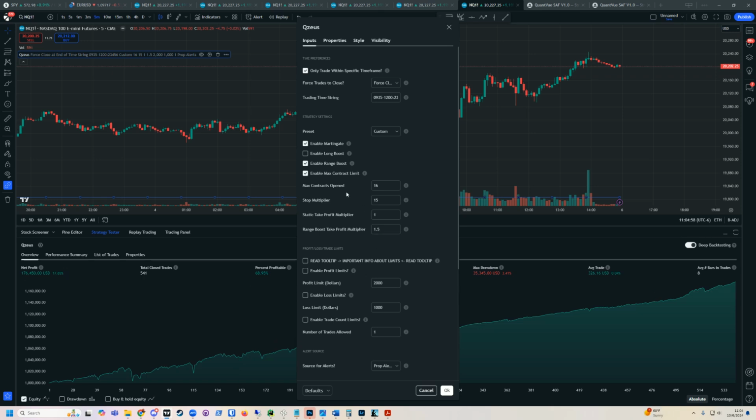Backtesting this with wide open contracts, put as many contracts as you want, martingale, just keep doubling down. 16 was the most it ever saw. So that means it doubled down, let's see, to 2, 4, 8 to 16. So it only ever had 4 losses in a row in the last 3 years of backtesting. It only ever found 4 losses in a row at most, and that's when it went to 16 contracts. So that is why max here is 16.